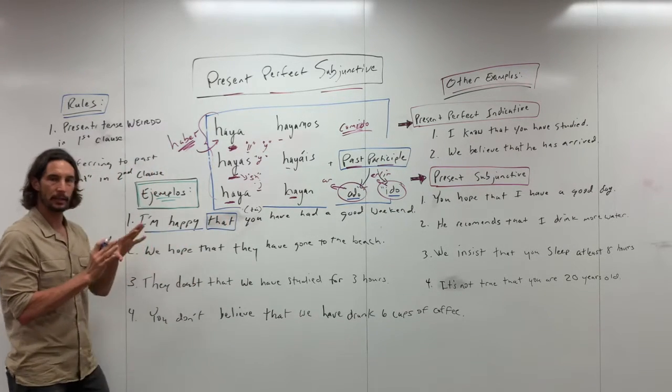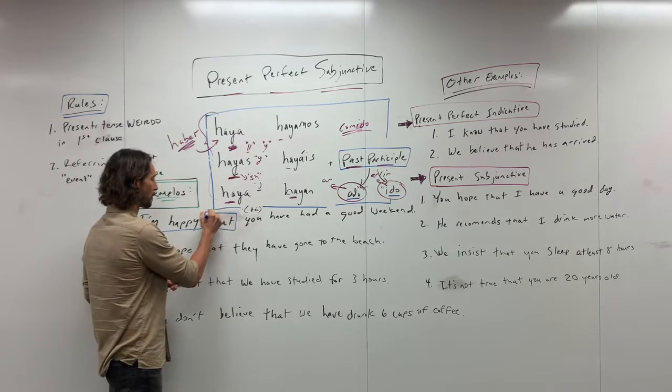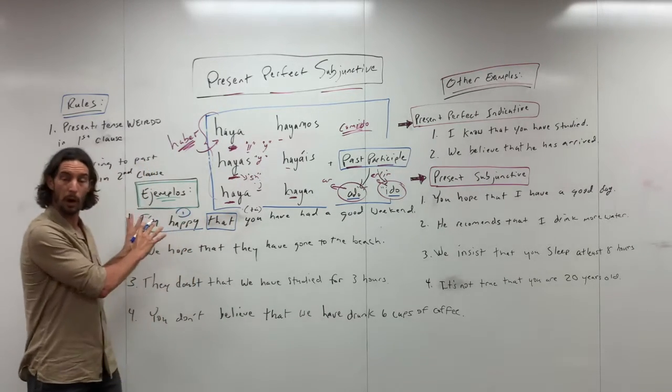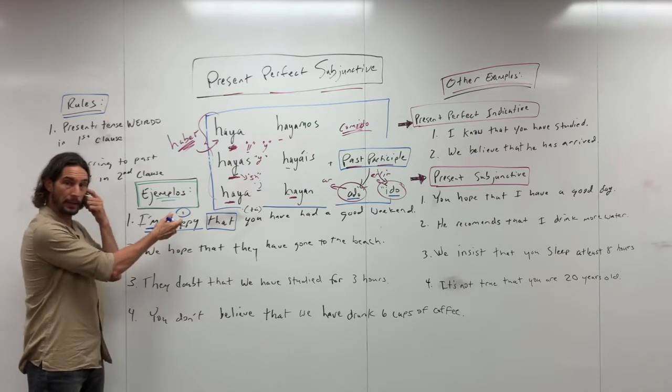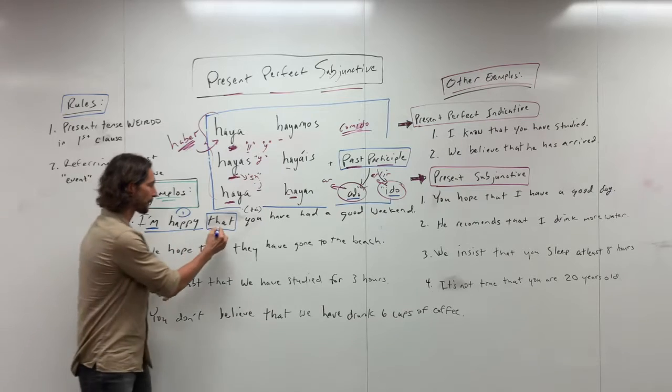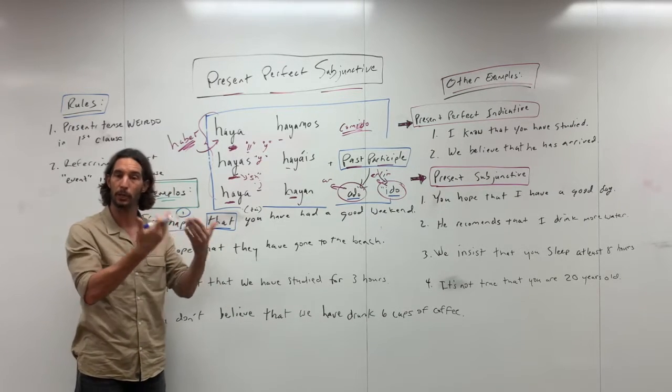The "that" is breaking up your clauses. This gives us clause 1: subject, verb, and then "happy." Then you have "that," which splits them up, and then a new subject and a new verb.